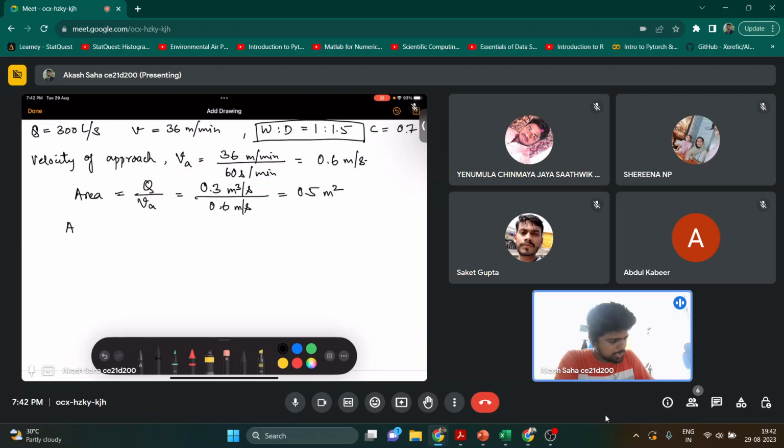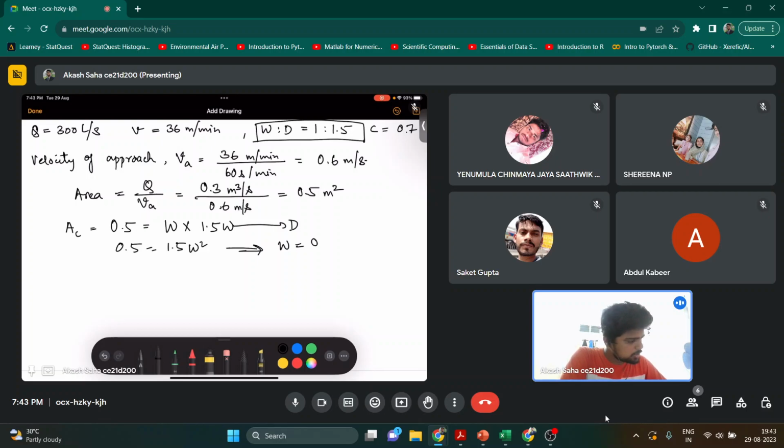So my total area AC, which is equal to 0.5, will be equal to width into 1.5 times of width. That is the depth. So from here we can get 0.5 is equal to 1.5 W square, which will give my W to be equal to 0.577 meter. And if I know the W, my depth will be 1.5 into W, that will be equal to 1.5 into 0.577 equal to 0.833 meter.